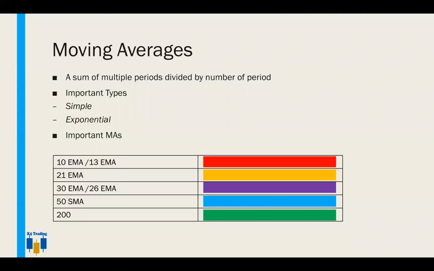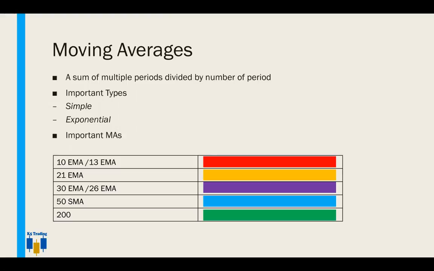For example, if you are running 200 EMA, it will still calculate the price for the last 200 bars divided by 200, but it will put some weighting on the most recent period. So it's a little bit more relevant, I would say, than the past.